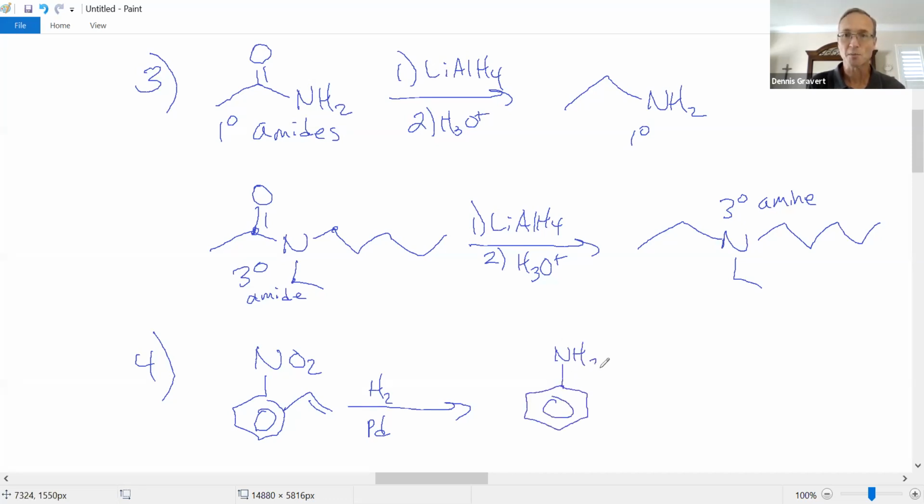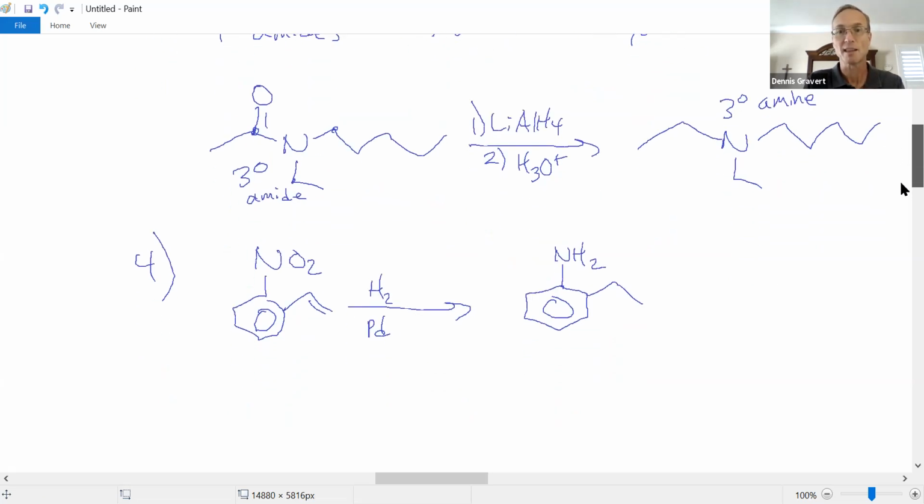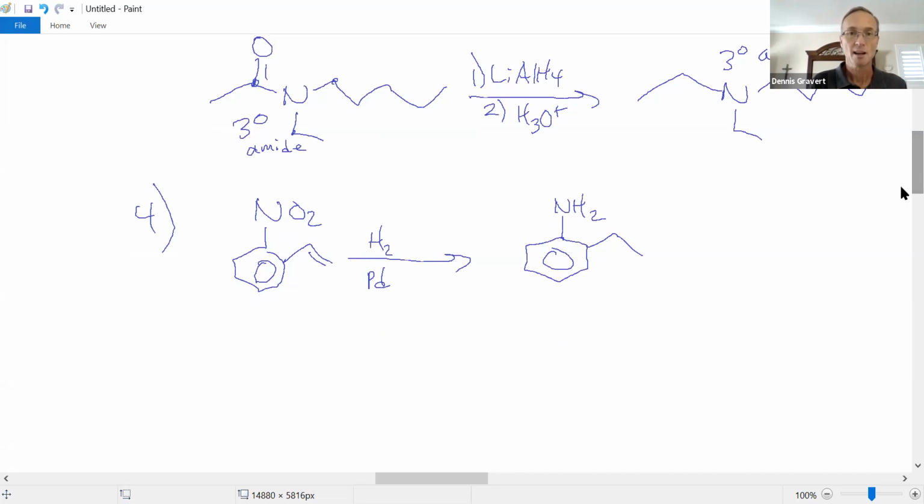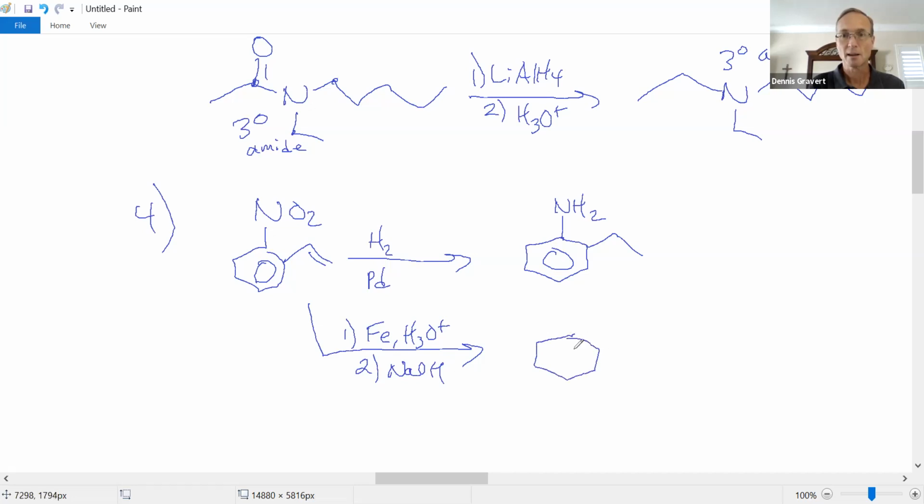So you take the nitro group and make it an amine, aniline in this case, but your alkene will change to an alkane. So to prevent that, you might say, okay, let's use iron with acid followed by base to do the same thing. And it turns out this form of reduction doesn't attack the alkene. So the alkene survives, but the nitro group reacts.